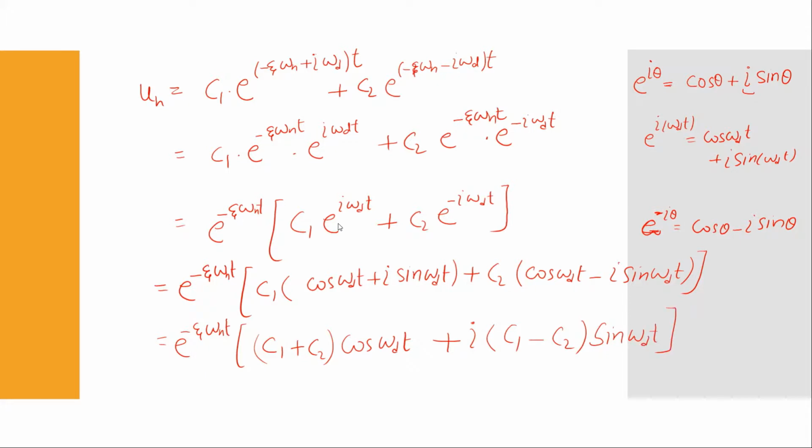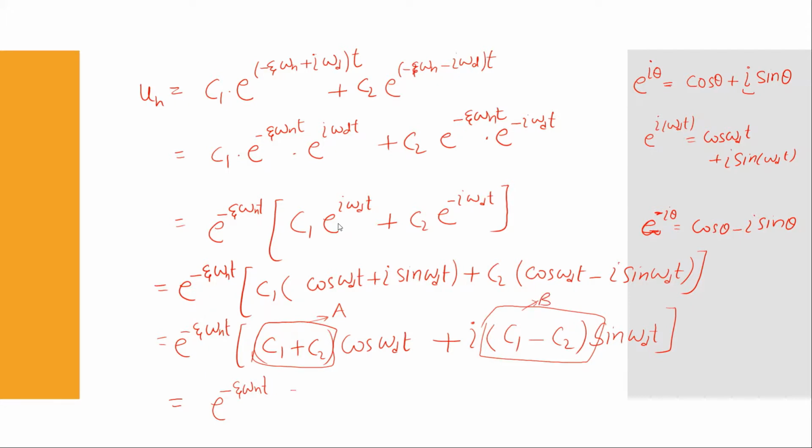Okay, so from here we can see that, as we know the trigonometric functions are always real valued, we can replace it and write it as e to the power minus xi omega nt. This constant we will replace with another constant and we will write it a, and this constant we will replace with another constant value which would be b.